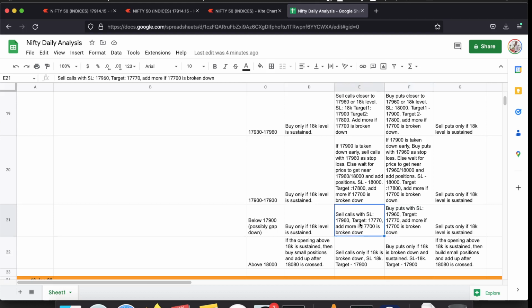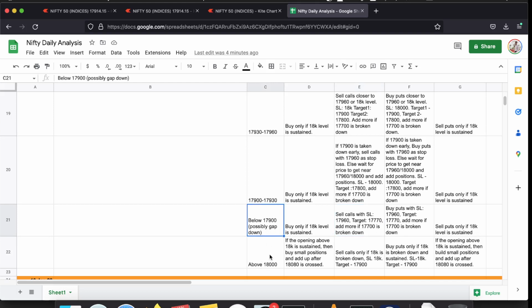So in a gap down scenario, it is prudent to sell calls, so that even if Nifty falls or consolidates, you will gain something one way or another. But if it is a gap down, don't initiate any long positions.